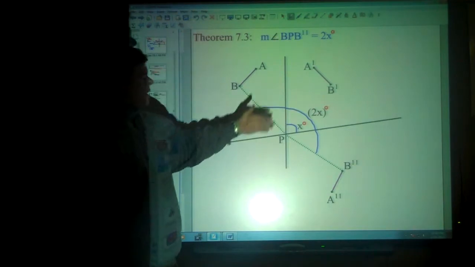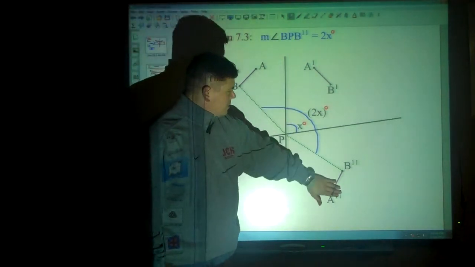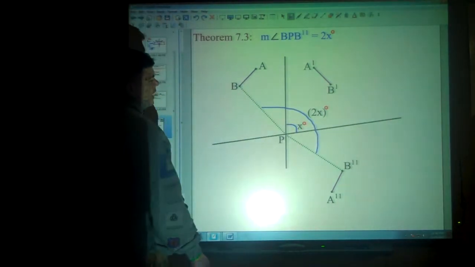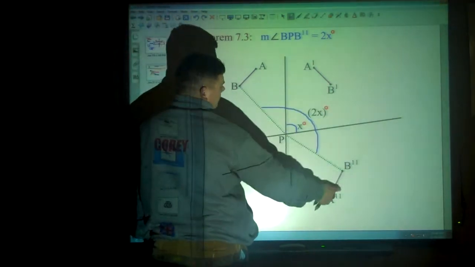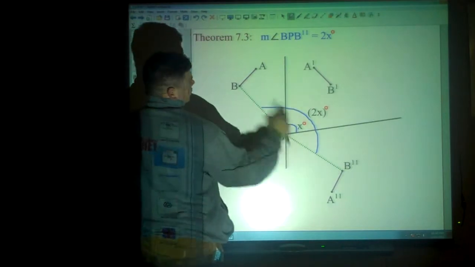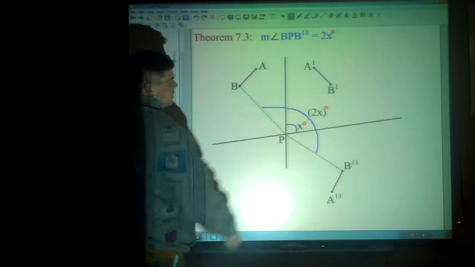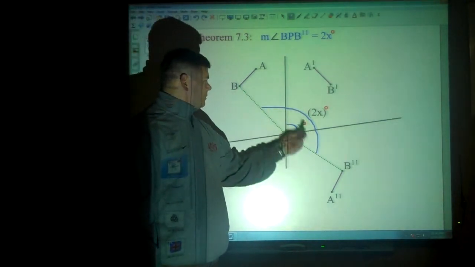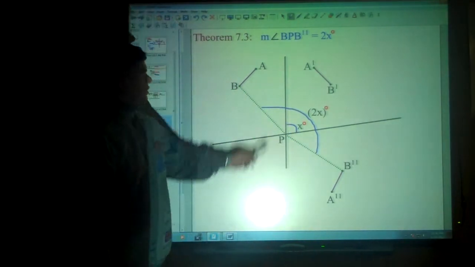But then the object was reflected again over this axis. And a reflection and a reflection is really just like a rotation. The angle that is between here gets doubled. That's what this formula is saying.